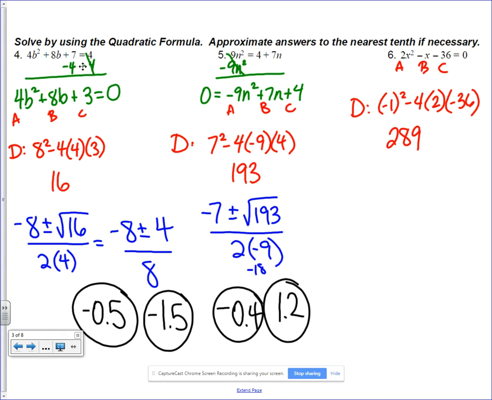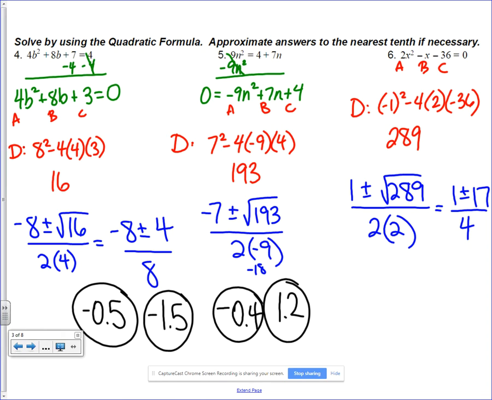Okay. What's the b up there right now? You're going to turn into plus or minus the square root of 289. Yep. All over 2 times 2. Okay, is 289 a perfect square? It is. What is the square root of 289? Okay, so we now have 1 plus or minus 17 all over 4.